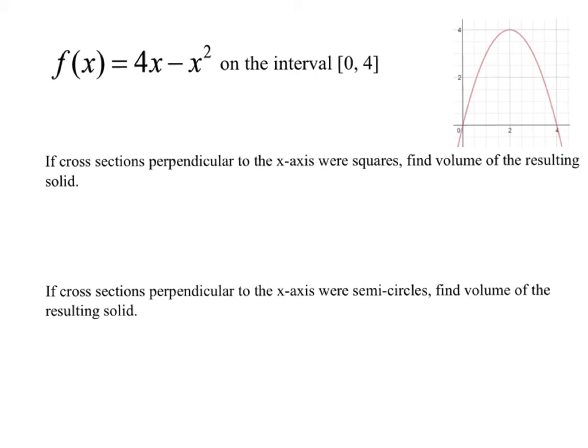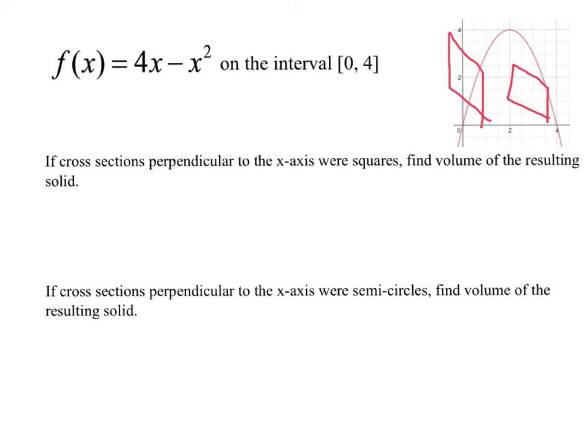And now we're talking about cross sections. Okay, cross sections perpendicular to the x-axis are squares. So you're going to have to forgive my three-dimensional drawing here, but what that means is that we are building squares up off of this. Okay, it's coming up at you off the page, or the computer screen.